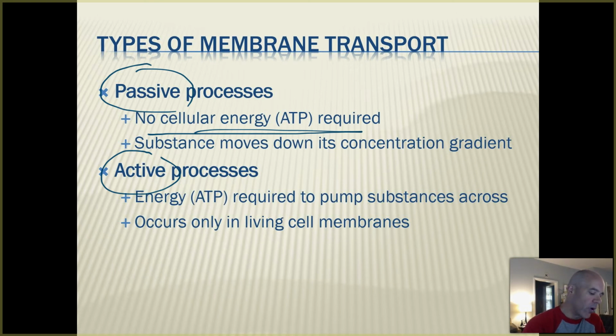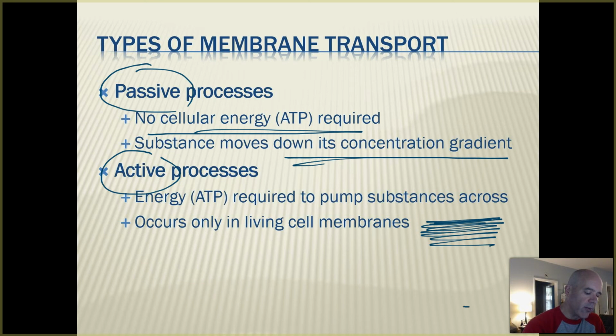Passive processes work because of the natural tendency for substances to move down what's called their concentration gradient. A gradient means, if you had a whole bunch of a substance out here and just a little bit in here, and then you gradually go from more concentrated to less, that is a concentration gradient, where you're going from more concentrated to less concentrated in one location or the other.